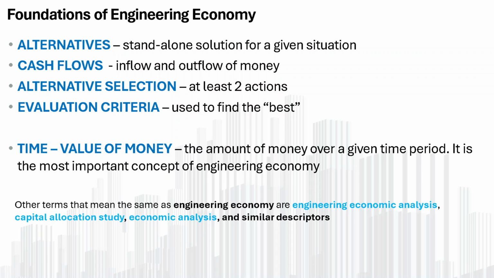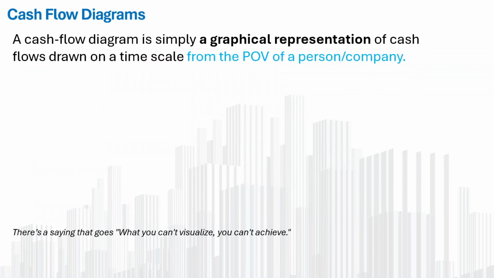Then, of course, we will be using the concept of cash flow diagrams that we discussed last lecture. Essentially, it's a visual representation of where cash goes in and goes out. And we can see it from the perspective of a person or company, depending on if you're the lender or the borrower, or you're the one investing, or are you the one taking the money from, and so on and so forth.